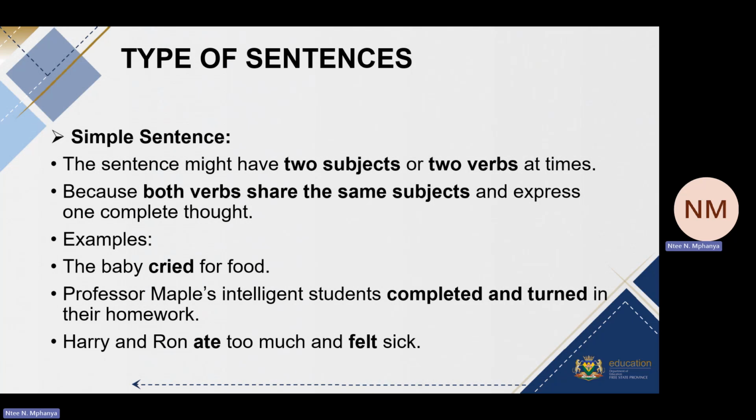Then we looked at a sentence with one subject, Professor Mample's intelligent student, and 2 verbs, completed and turned. Now we are going to look at where the sentence has 2 subjects and 2 verbs. Harry and Ron, 2 subjects, ate too much and felt sick, 2 verbs.